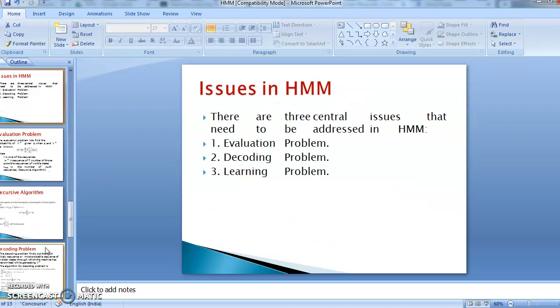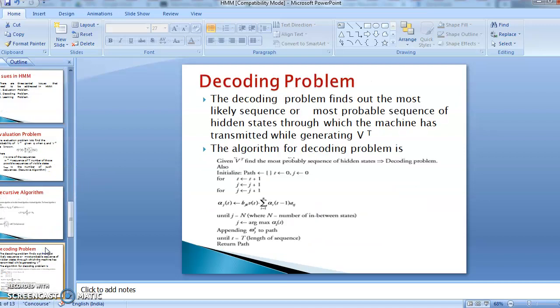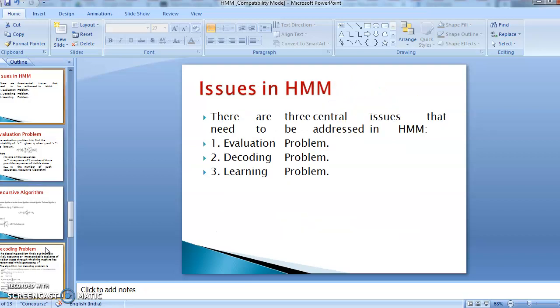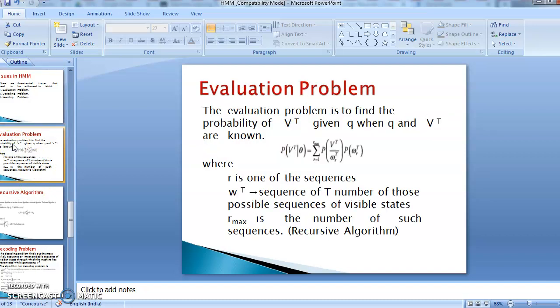Now just for introduction, what are the issues in HMM? There are generally three issues in HMM. First is the evaluation problem, second is the decoding problem, and third is the learning problem. As you are aware, there are different models available for speech recognition, activity identification, or sign language translation.